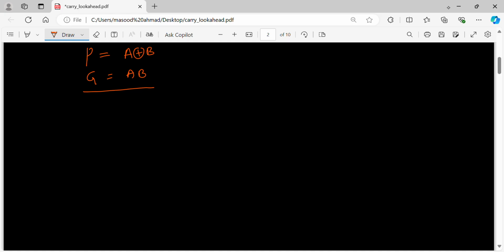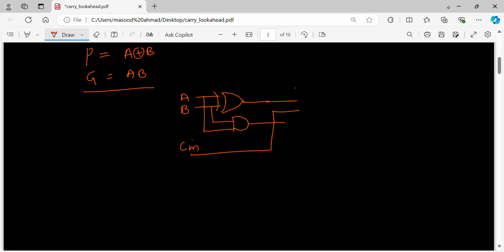I have a half adder. What is that half adder? A XOR B. You take both the inputs, then you AND them. Then you take another input which is Cin and connect it to an XOR gate. Next, you take these two and AND them, and you get the output.